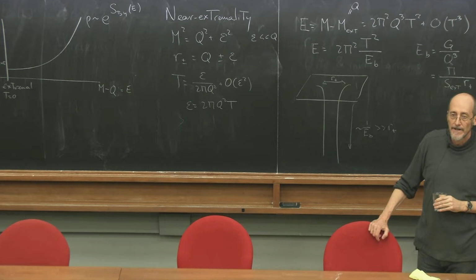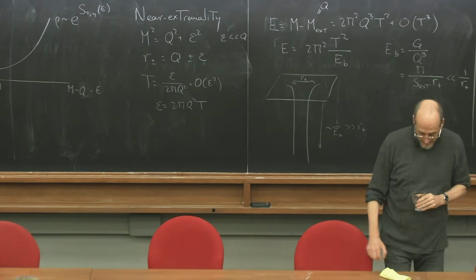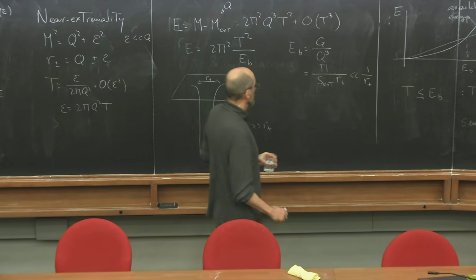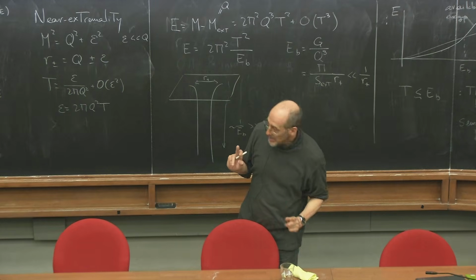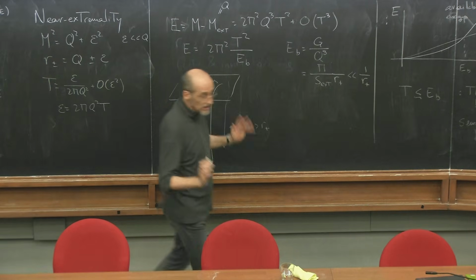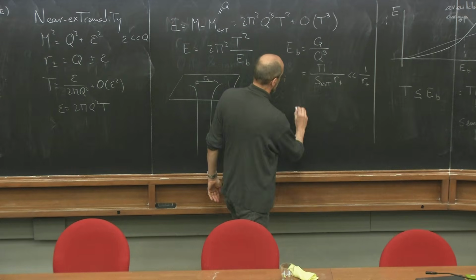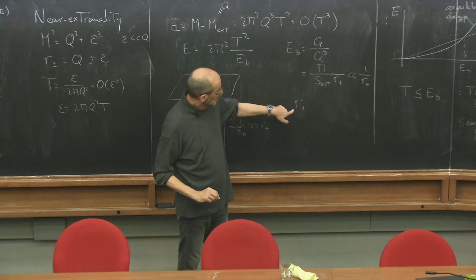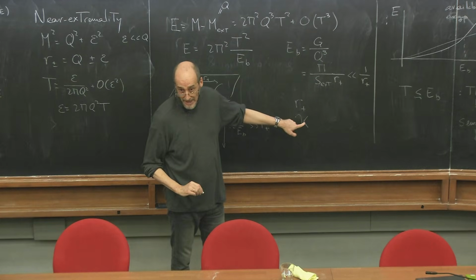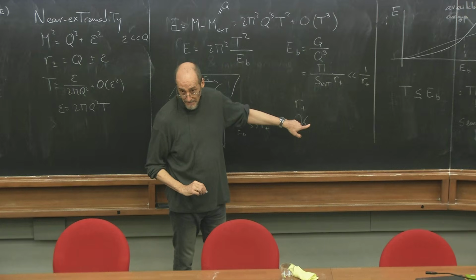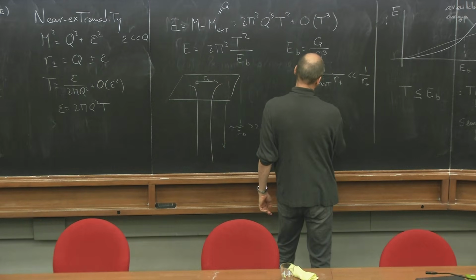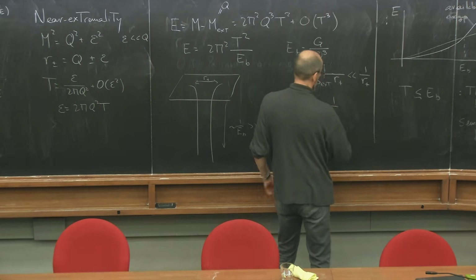I don't get how this EB is a new scale in your geometry. I would guess it would still be parameterized by R plus. So you have two scales in the geometry. That's already clear at the classical level. The classical black hole has this radius, and it also has something that has dimensions of inverse of radius. And near extremality, R plus is much less than 1 over kappa.